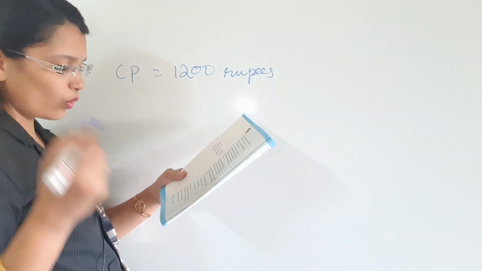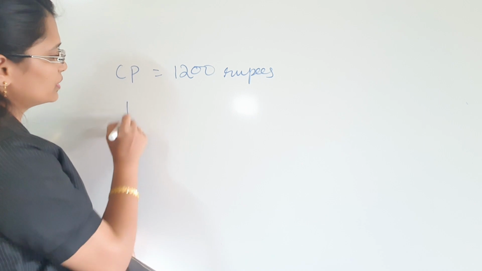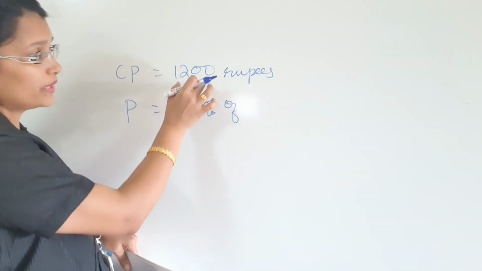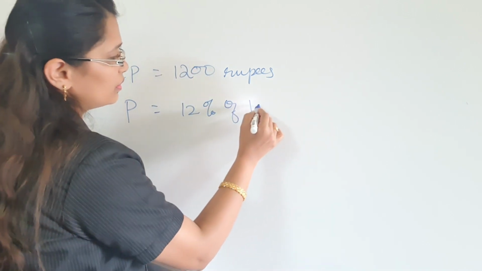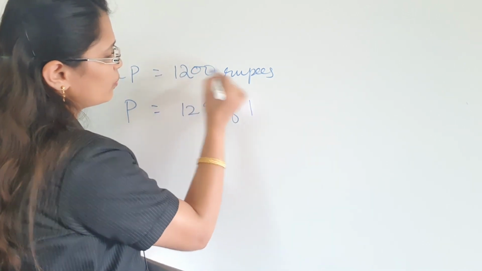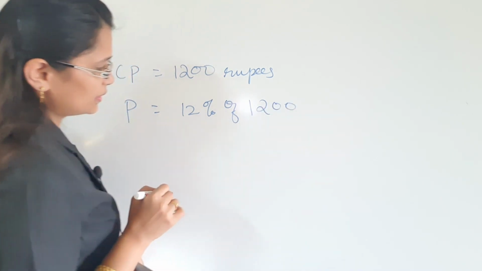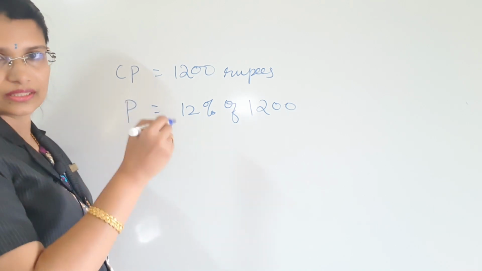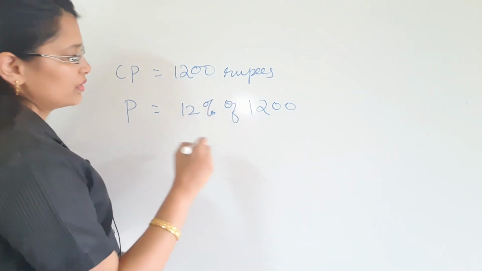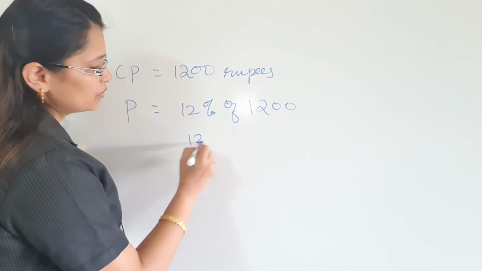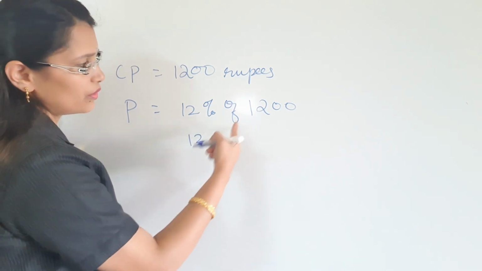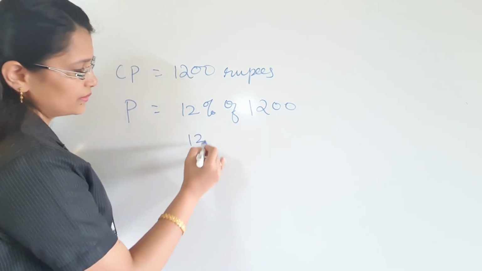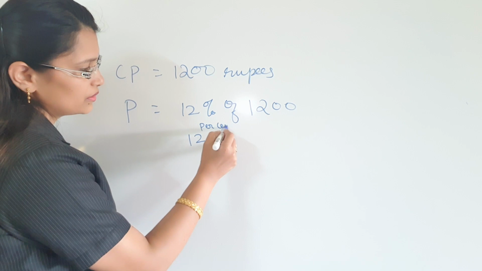Then the profit wanted is 12% of this. So 12% of this means CP, 12% of 1,200. So how to remove this percentage sign? Percent means per 100, right? So 12% of 1200. Per cent.